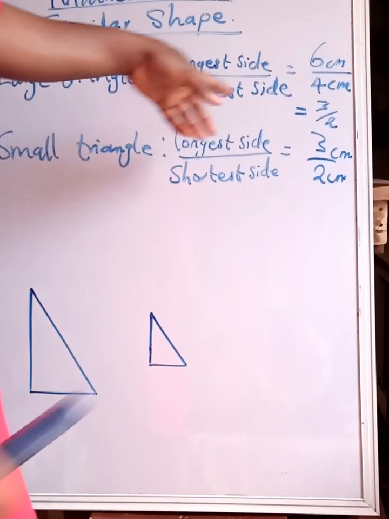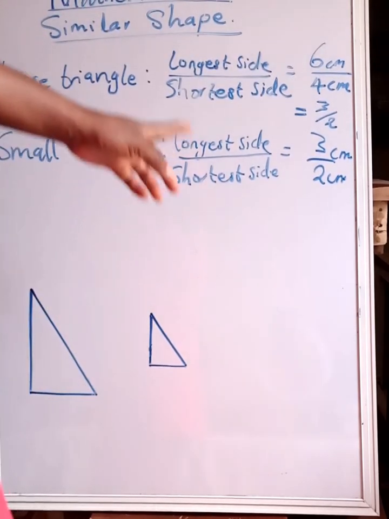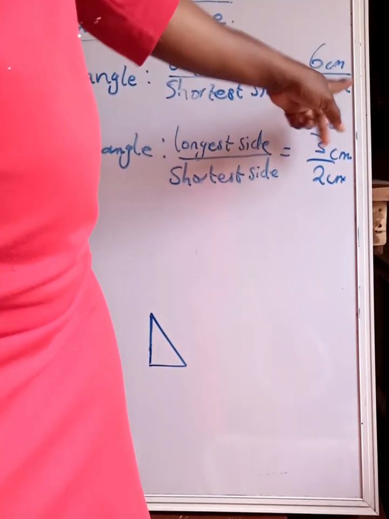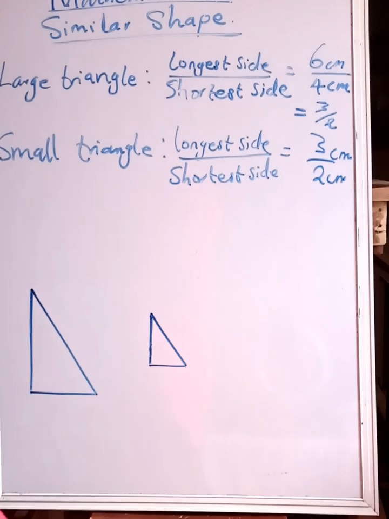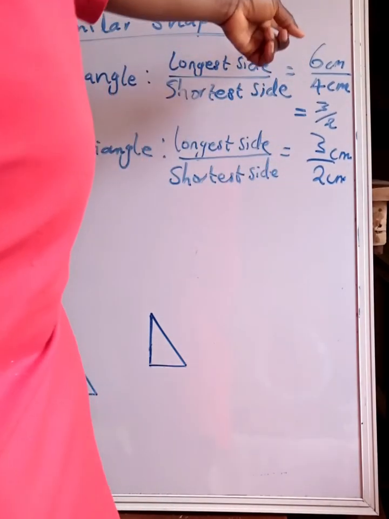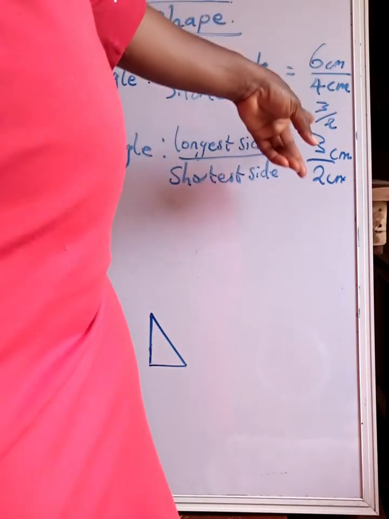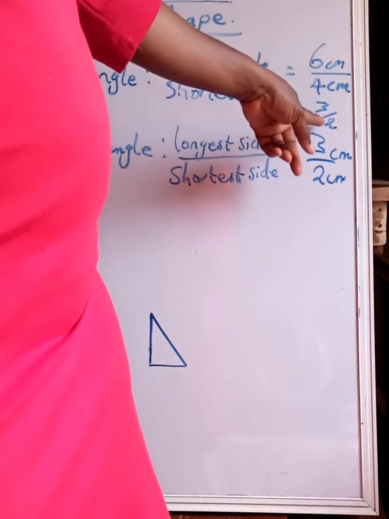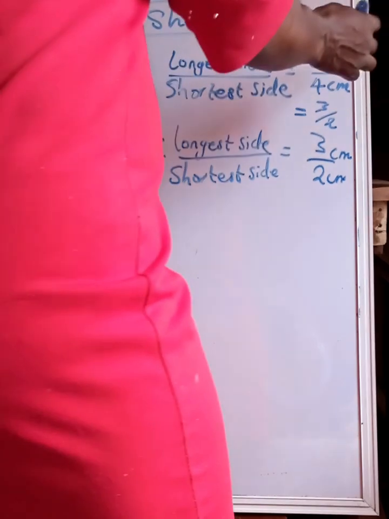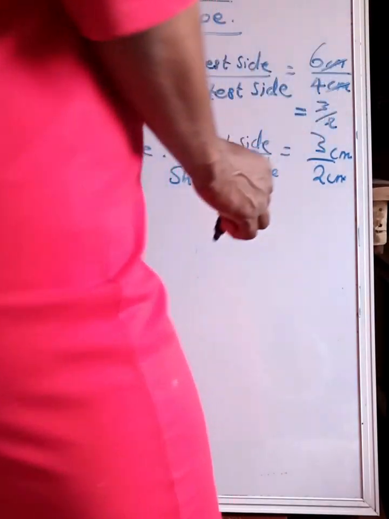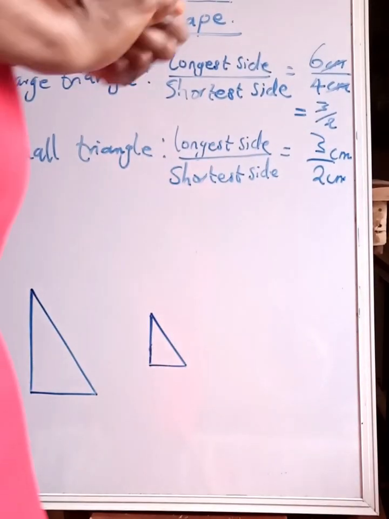For the large triangle, we have 6 cm over 4 cm, but this can still be reduced. 2 can divide 6 and 2 can divide 4. 6 divided by 2 gives us 3 and 4 divided by 2 gives us 2. The cm cancel cm, so we have 3/2.